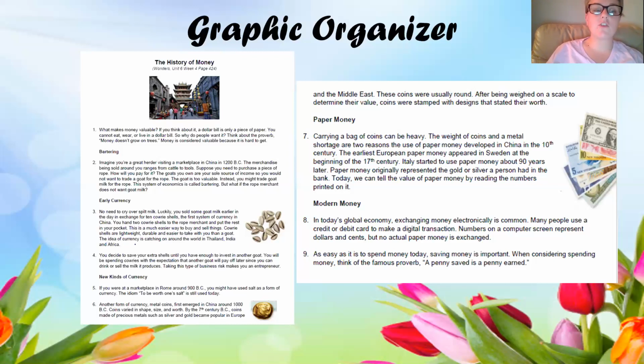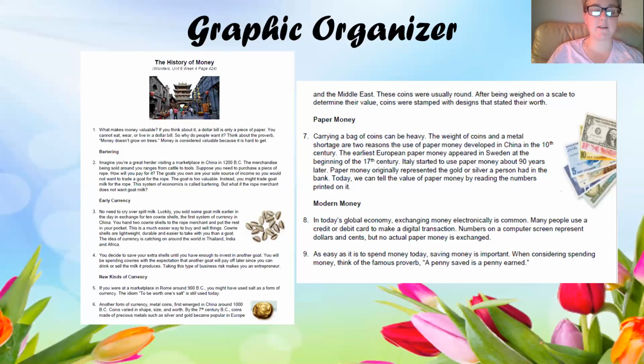The idea of currency is catching on around the world in Thailand, India, and Africa. You decide to save your extra shells until you have enough to invest in another goat. You will be spending cowries with the expectation that another goat will pay off later since you can drink or sell the milk it produces. Taking this type of business risk makes you an entrepreneur.